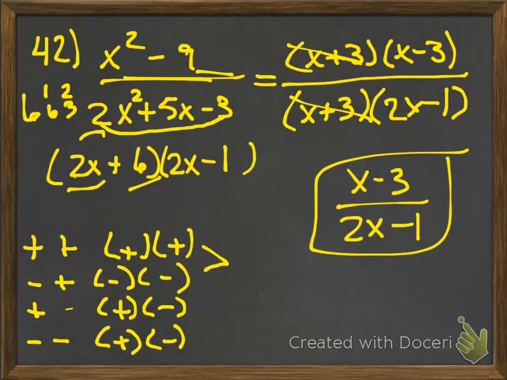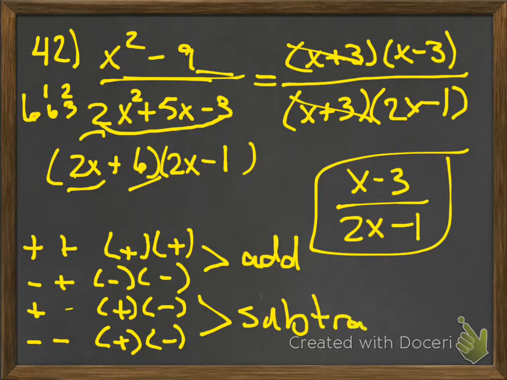Here, you add to get those numbers. Here, you subtract to get those numbers. And what I mean by that is this. Notice I had plus, minus, so I put plus, minus in the parentheses. Then I said, okay, look at my numbers that multiply to give me 6. 1 and 6, 3 and 2, or 2 and 3. Which of those subtract to give me a 5? Well, 6 minus 1 gives me a positive 5, and that helps me decide my order, and then I go from there.